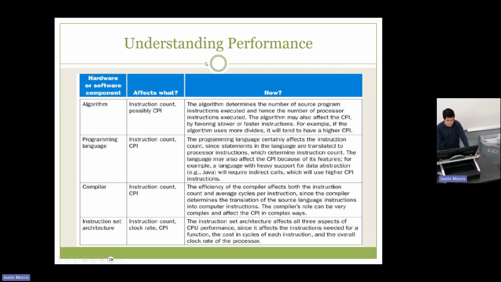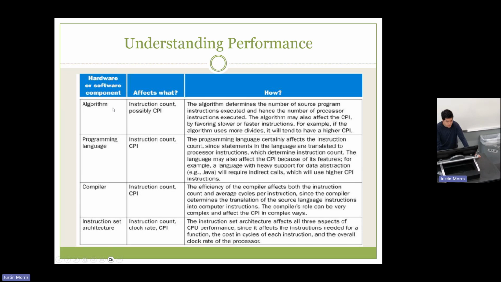So like we just talked about, these different hardware and software components affect those performance metrics. The algorithm that you write in your high-level programming language is going to affect the instruction count, right?